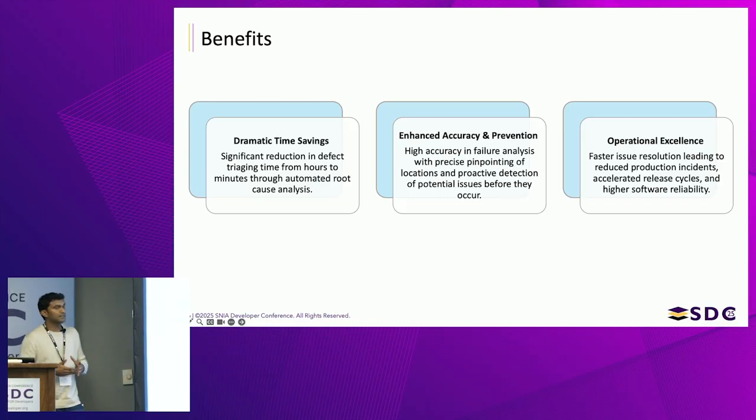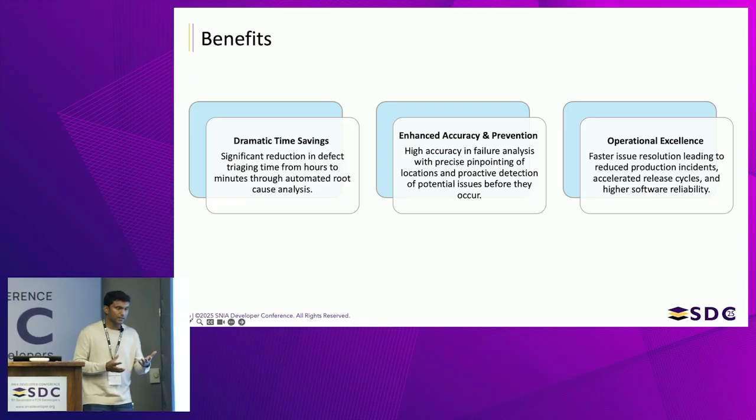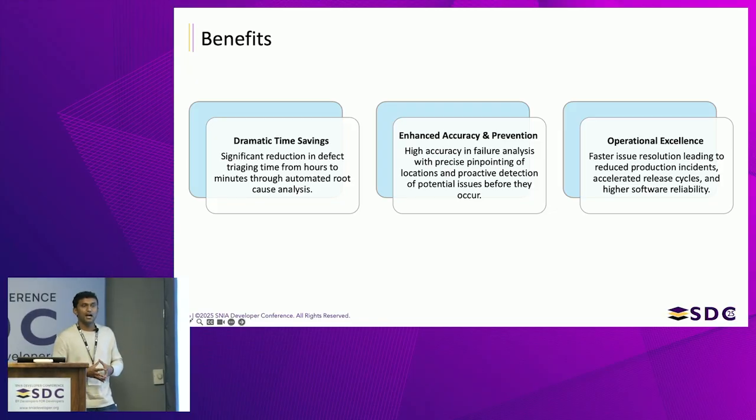As soon as there is a test failure, our multi-agent system kicks in, tries to understand what the failure is, what scenarios are failing, and how this is going to impact multiple other tests, with a detailed analysis.